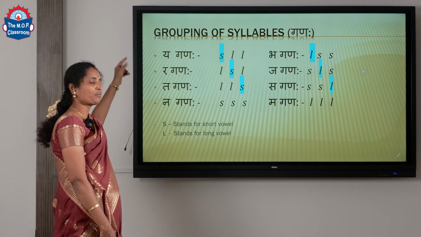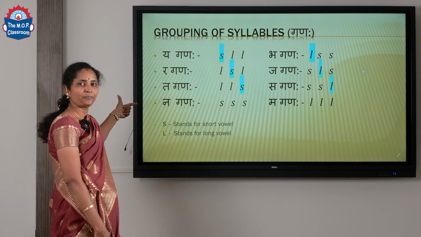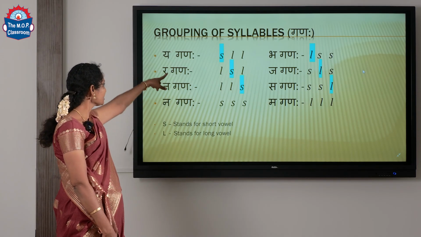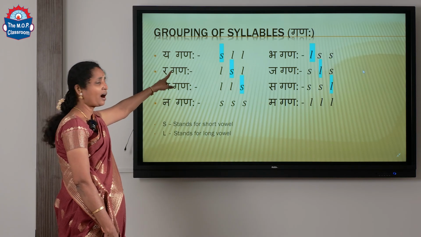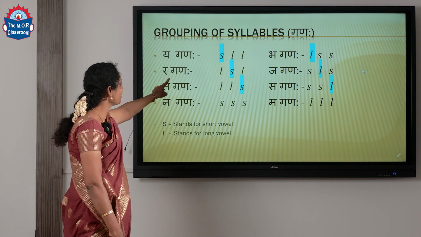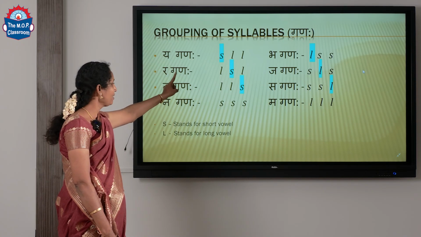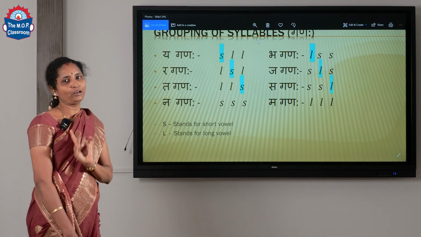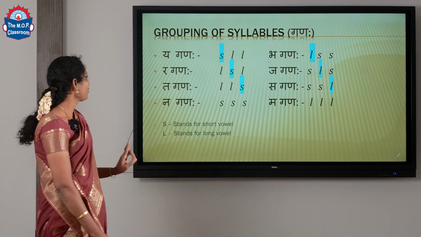In ya, you have to remember yarata, okay, yarata. In yaganam, raganam and taganam, see the short vowel in adi, madhya, avasanam: the first, second and third syllable will be short, and the rest will be long. Can you understand?